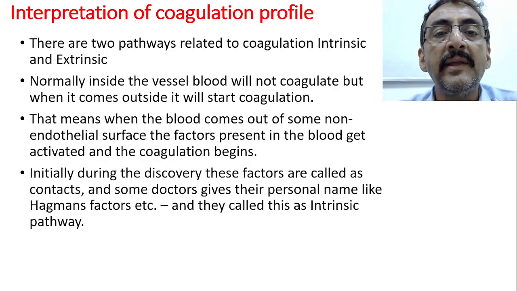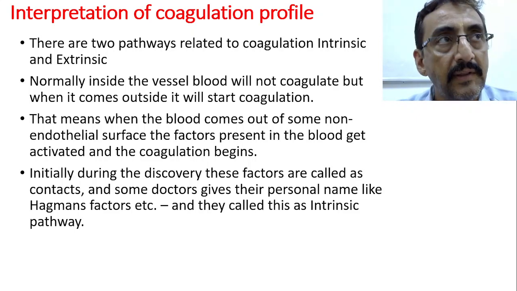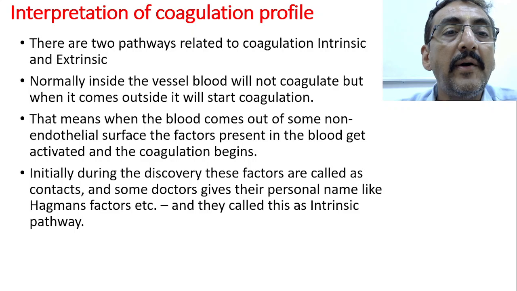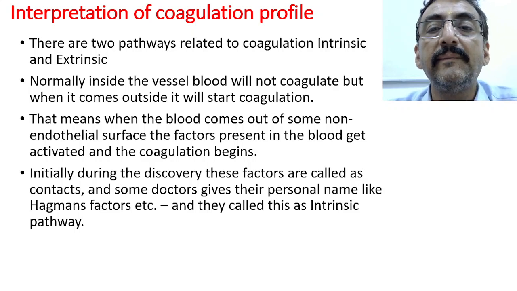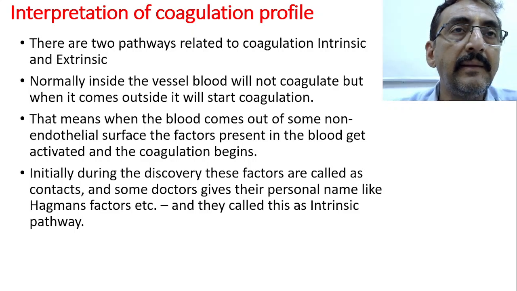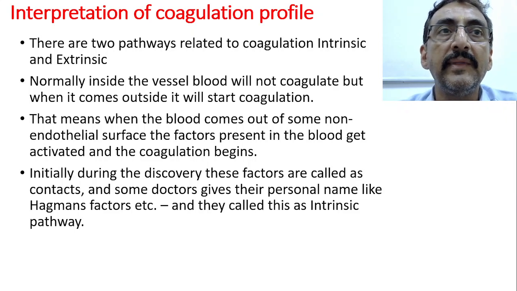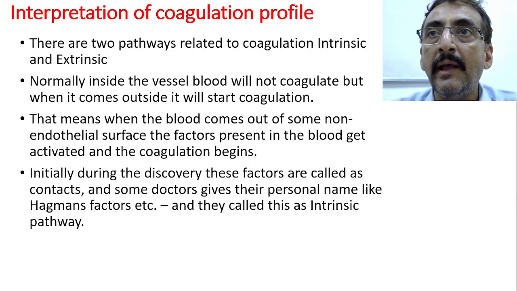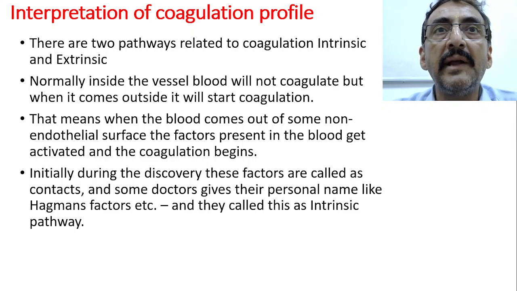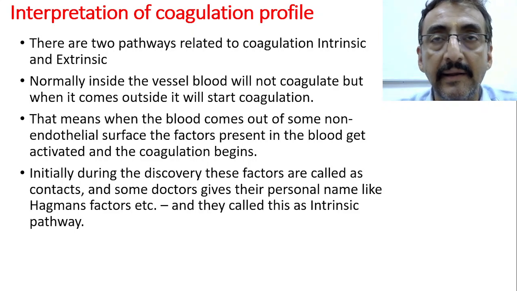That means when the blood comes out, to some non-endothelial surface. See, in the blood vessel we have an endothelial surface. I can interpret it in a different way. As long as blood is in contact with the endothelial surface of the artery, the blood will not coagulate.